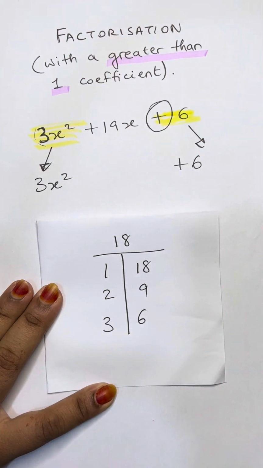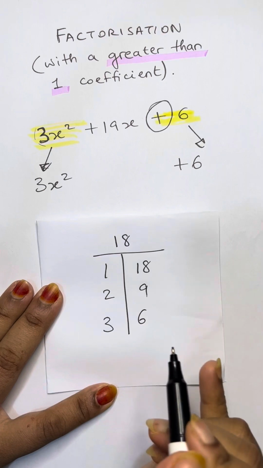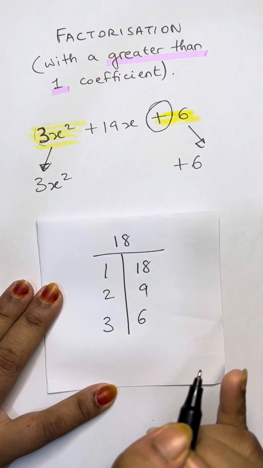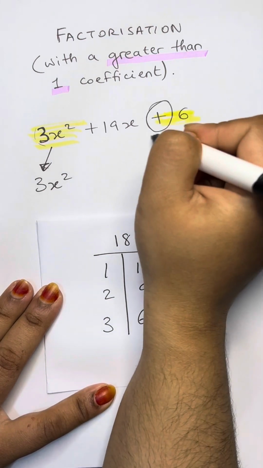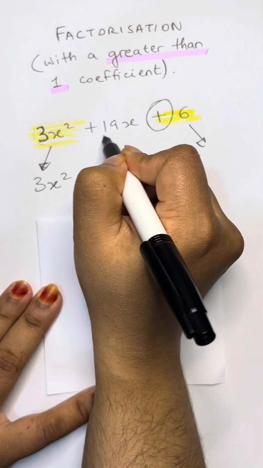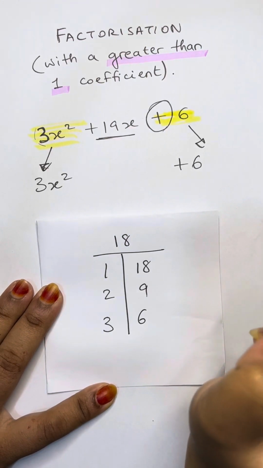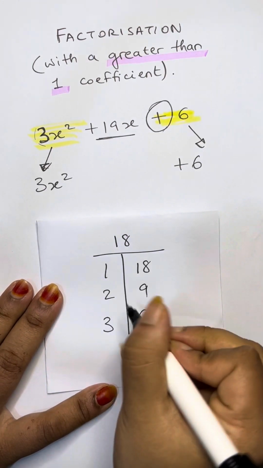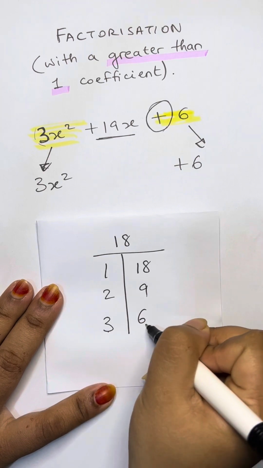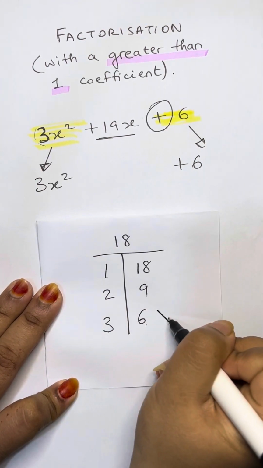What it means is that among these factors that I just found, I need to find a pair of factors that by adding will give me 19. Let's have a look. If we add 3 and 6, do we get 19? No, that's just 9.